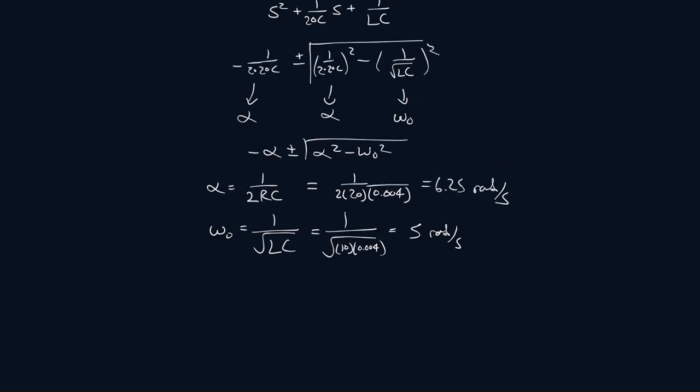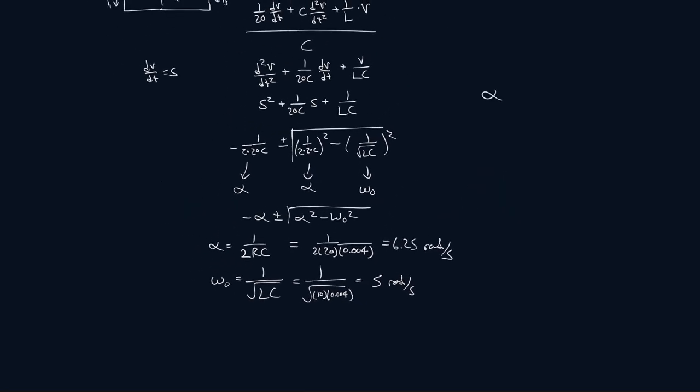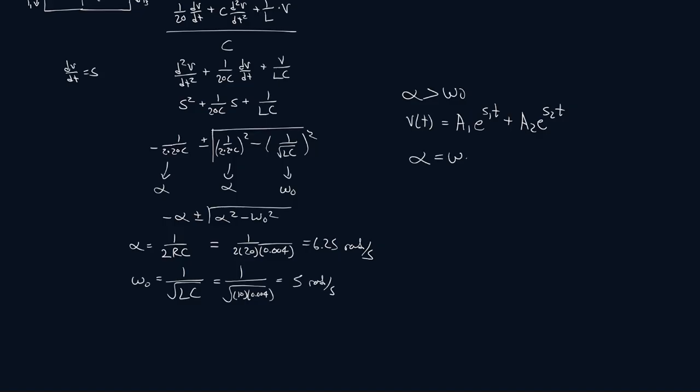Now we have to check the following. So if alpha is greater than omega, then it means it's overdamping. And to find the voltage passing through the capacitor, it's going to be A1 e^(S1 t) plus A2 e^(S2 t), S1 and S2 being the roots for this. So when alpha is equal to omega, it's going to be critically damped. So the voltage passing through the capacitance will be (A1 plus A2 t) times e to the power of minus alpha t.